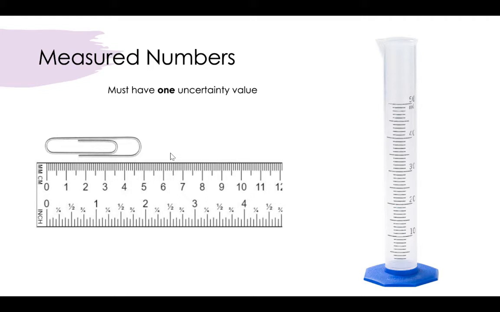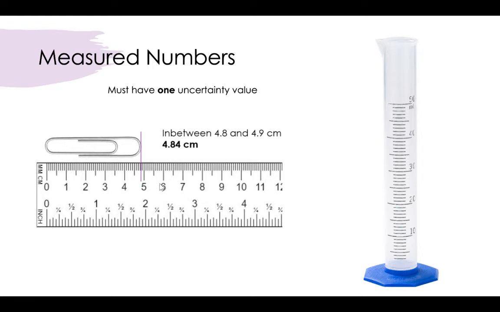So for example, here's our paperclip. Notice that it is somewhere in between. So this is in centimeters. Each of these little tick marks is 1/10 of a centimeter. So I have 4.1, 4.2, and so on. And it is somewhere in between 4.8 and 4.9 centimeters. So instead of writing 4.8 centimeters or 4.9 centimeters, I'm going to have some sort of uncertainty digit.